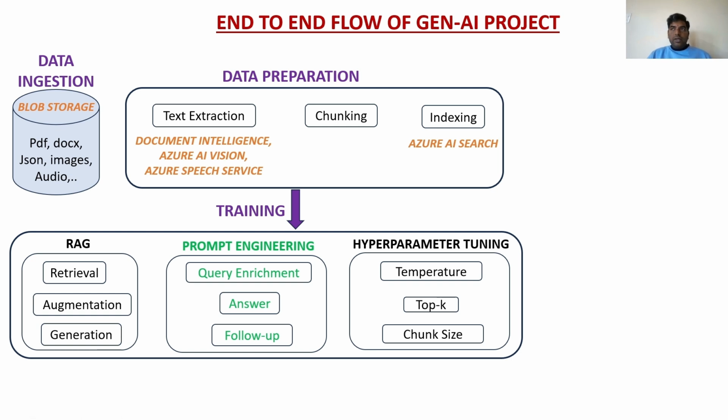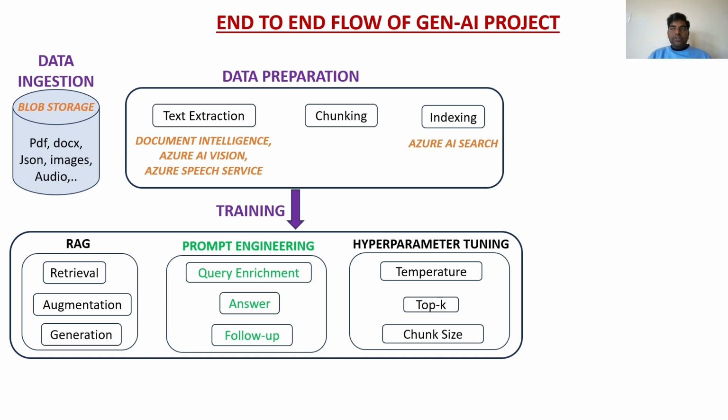One thing is this particular video is only for the overview of the different steps involved in the GenAI project. In the upcoming videos, there'll be a series of videos with respect to the GenAI project, with separate videos corresponding to data preparation, training, output response, evaluation, and so on.